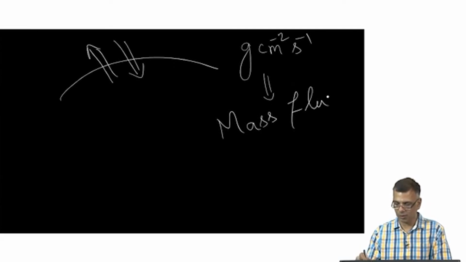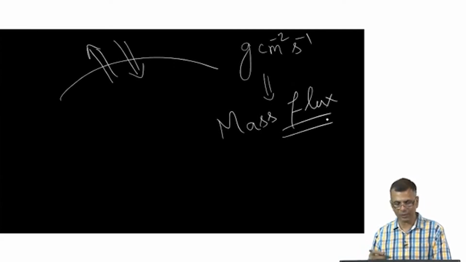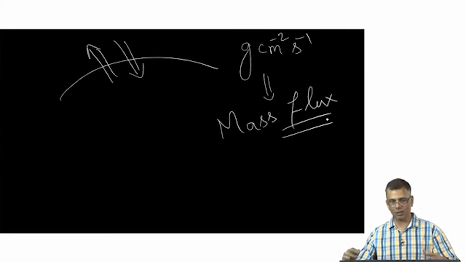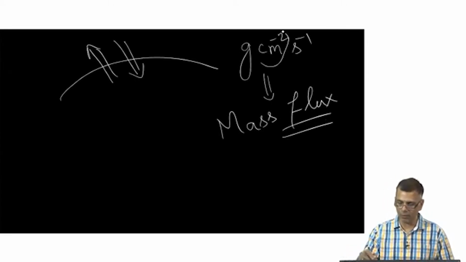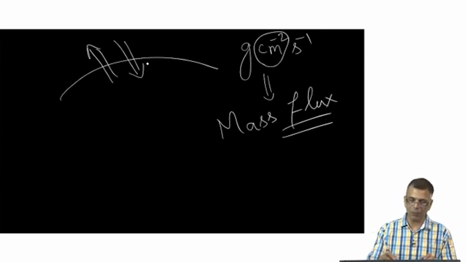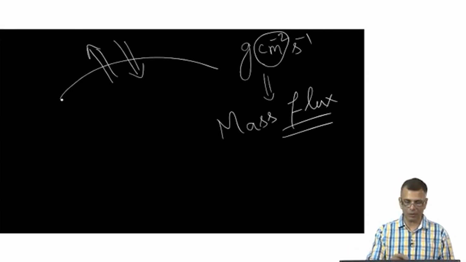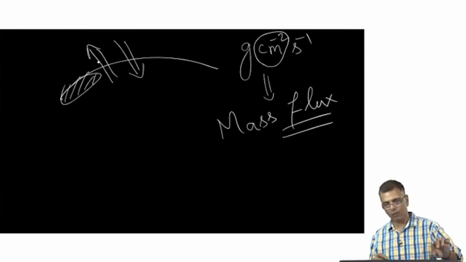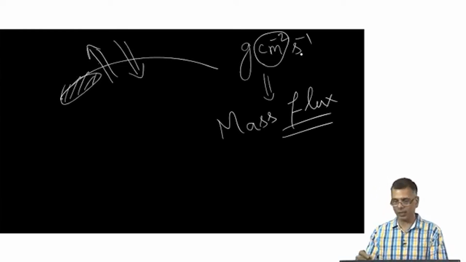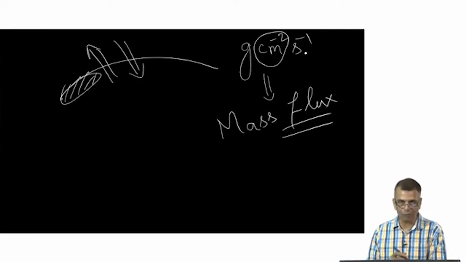This makes sense only if you consider a surface, because the centimeter squared here, what's it about? It's the mass per unit area, per unit cross sectional area, that's flowing out or flowing in per second, of course. So this is the definition of mass flux.